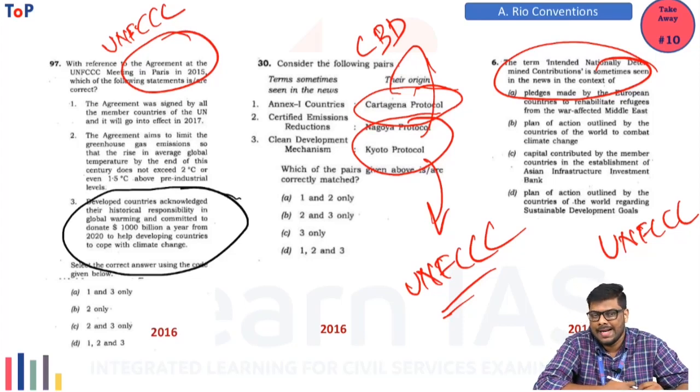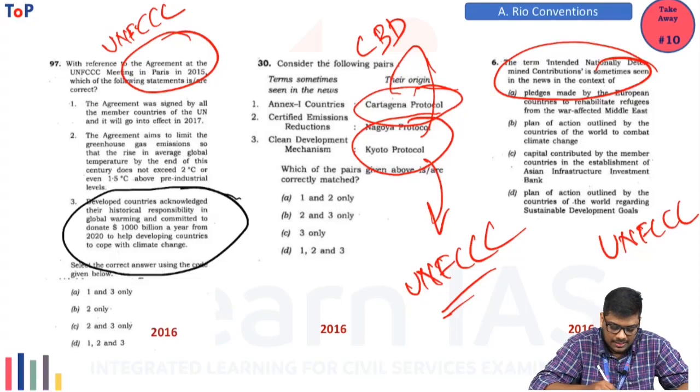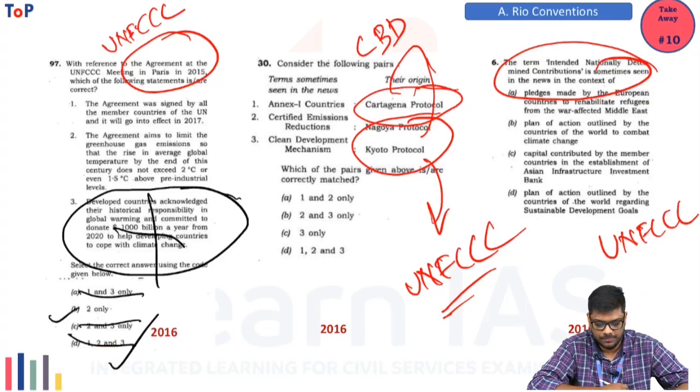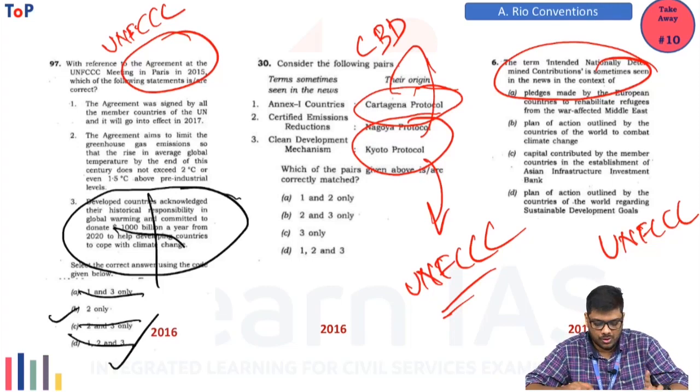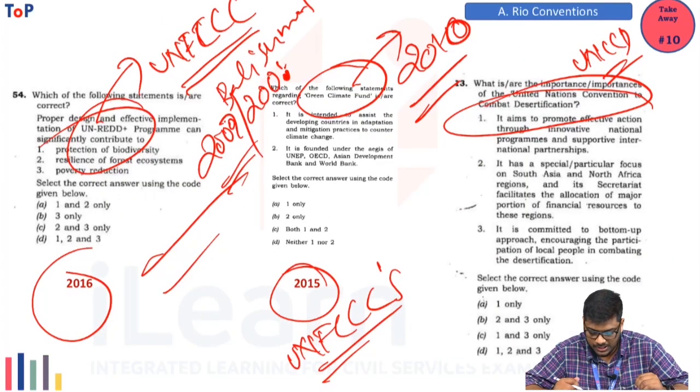Will that be possible? It is not practically possible. Think like that, you can eliminate option C. So 3 can be eliminated, the answer is D only. Getting it? So this is how you have to eliminate the wrong options. Use your common sense.